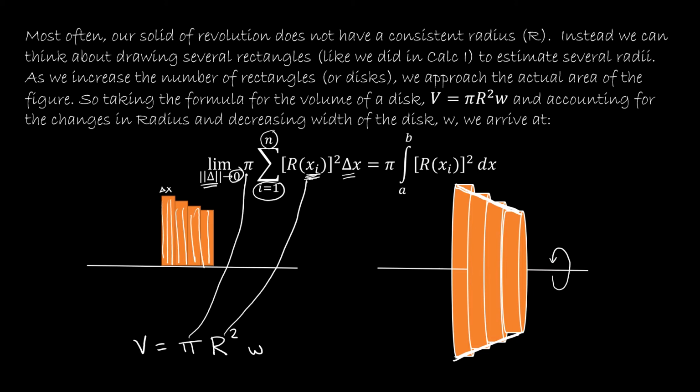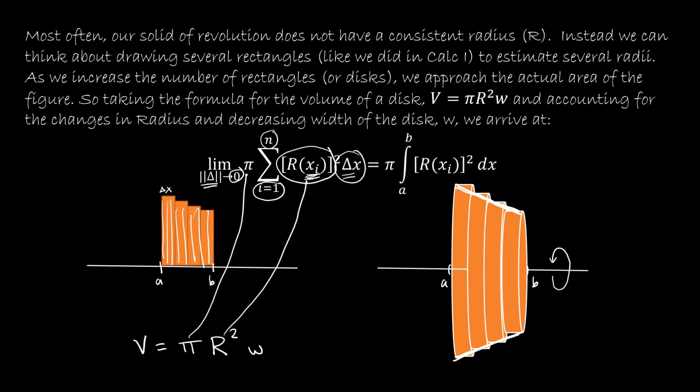As that limit of the width approaches 0, I end up with the integral from a to b. In this case, this would be a, and this would be b, and I'm just integrating. Again, pi is on the outside. I've replaced r of x i squared with r of x squared, and delta x becomes dx because I am integrating with respect to x.